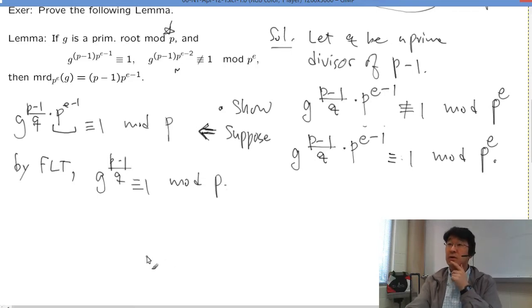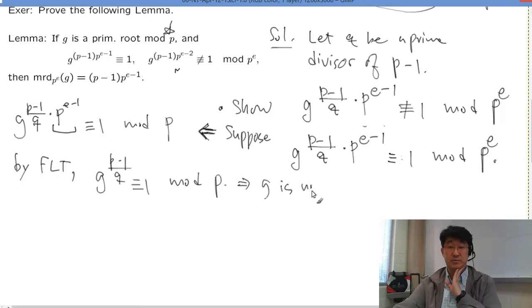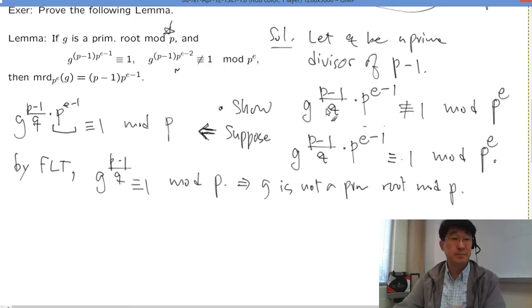For primitive roots, but this one has a lower power congruent to 1. Therefore, G is not a primitive root mod P. That's the conclusion we are forced to derive from this situation. Therefore, it's not 1, right? Any maximal divisor coming from reducing P minus 1 will never reach 1. It's always going to be not equal to 1. Fair enough?